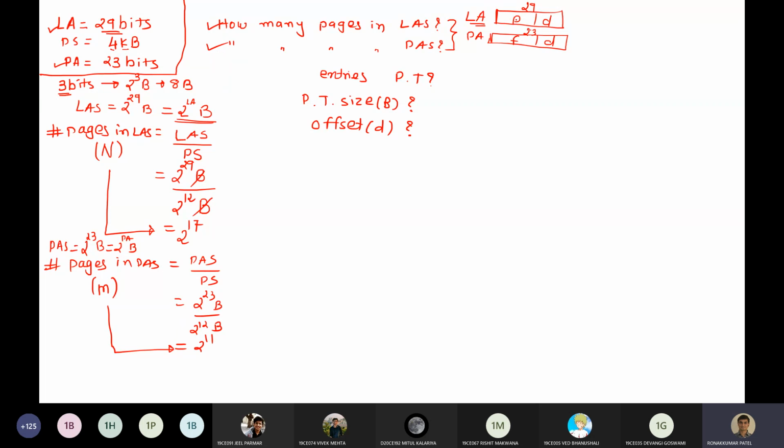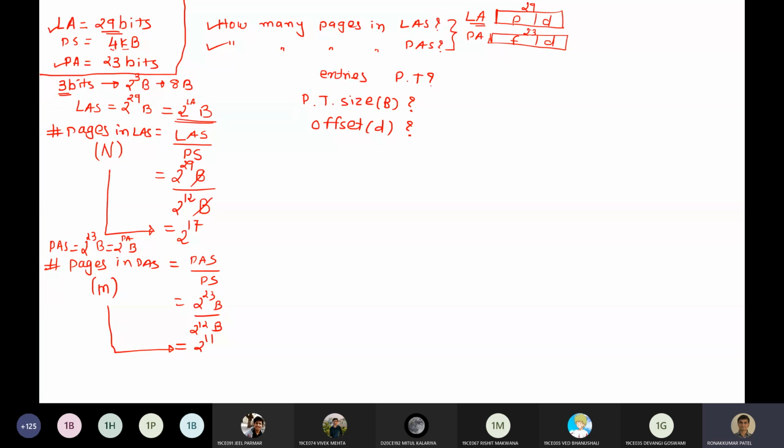That is P. To give a unique address to each page, how many bits are required? That is P.